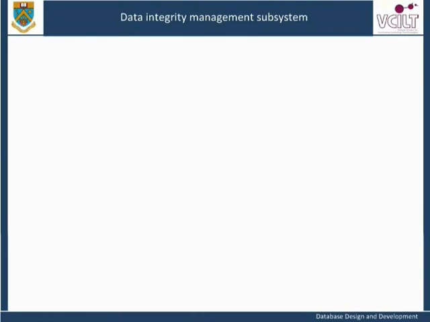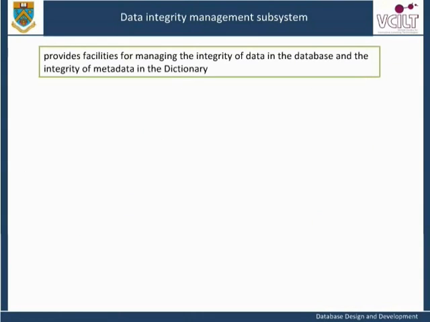The Data Integrity Management Subsystem provides facilities for managing the integrity of data in the database and the integrity of metadata in the dictionary. This subsystem is concerned with ensuring that data is, as far as software can ensure, correct and consistent.